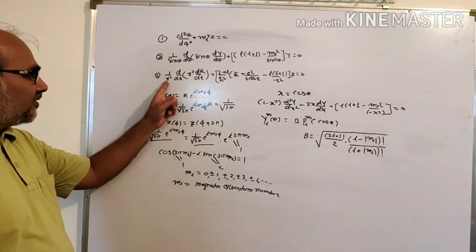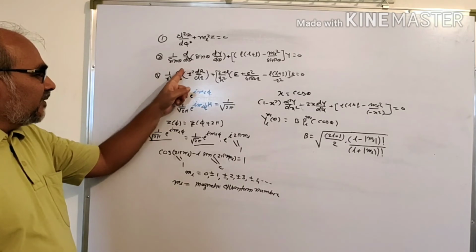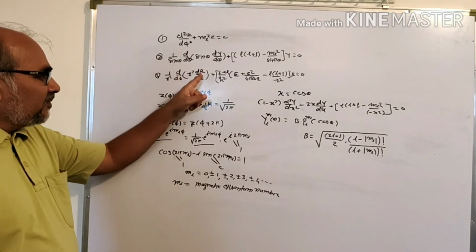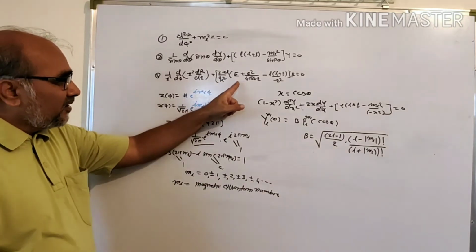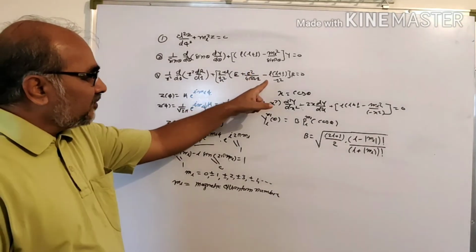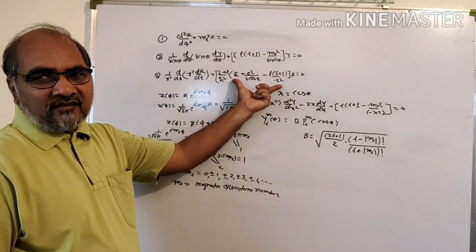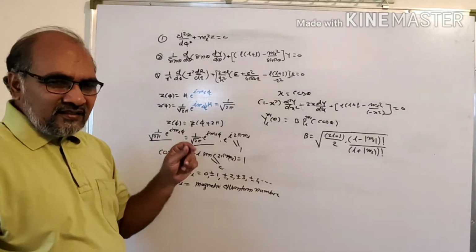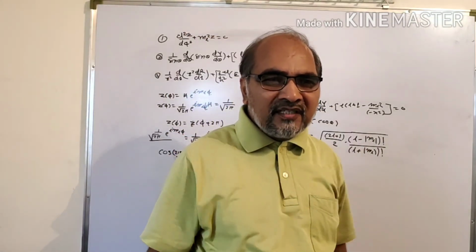The third equation is the radial equation: 1 upon r square d by dr of r square dR by dr plus 2 mu by h bar square times E plus e square by 4 pi epsilon r, which is the effective solution. Here r is the distance between the nucleus and the electron.